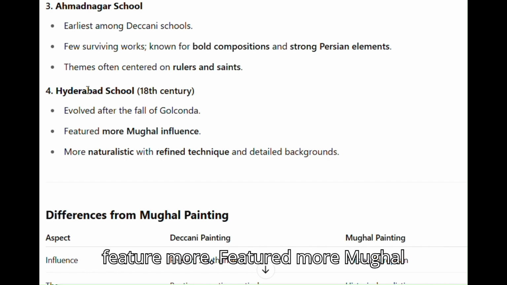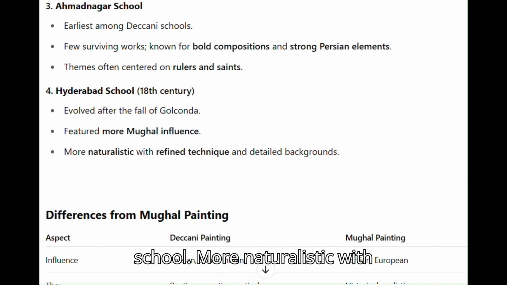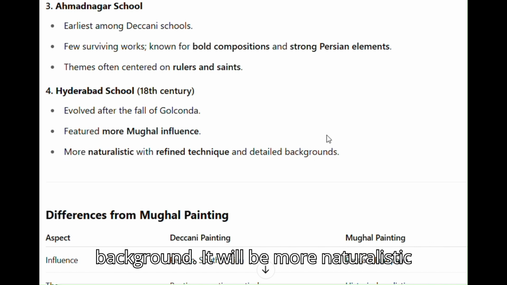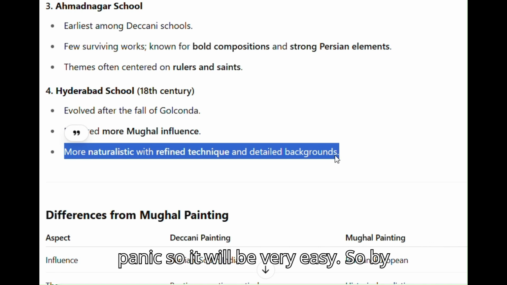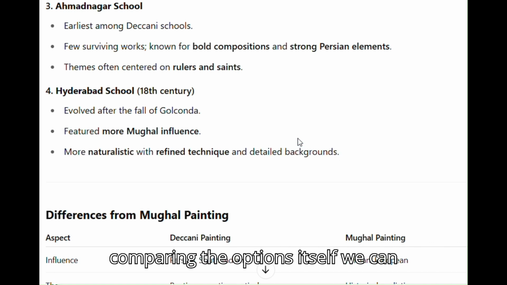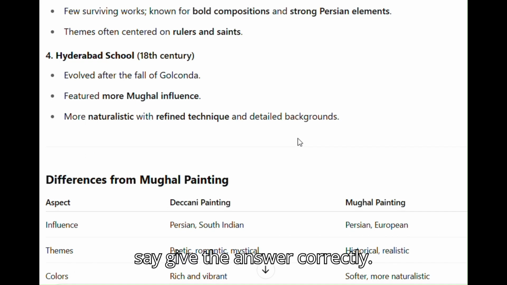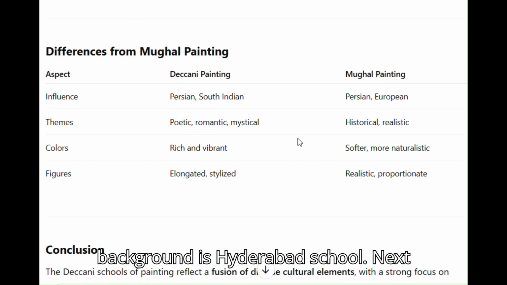It featured more Mughal influence, more naturalistic with refined technique and detailed background. Please don't panic, it will be very easy. By comparing the options itself, we can give the answer correctly. The more naturalistic style with refined technique and detailed background is the Hyderabad school.